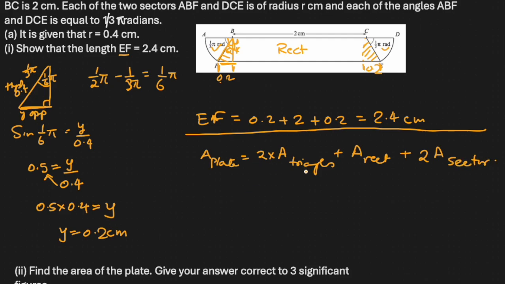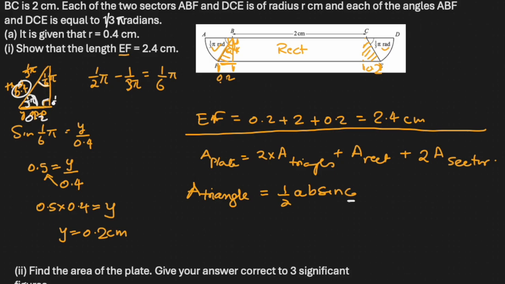Let's start with the area of the triangle. It is equal to half base times height. Or I can use half ab sine C, this formula. I know two sides, which are 0.4 and 0.2. The only thing I need is the angle between these two sides, angle C. I know this is pi by 2, this is 1 over 6 pi, so this will be 1 over 3 pi, because the sum of three angles of a triangle is pi.